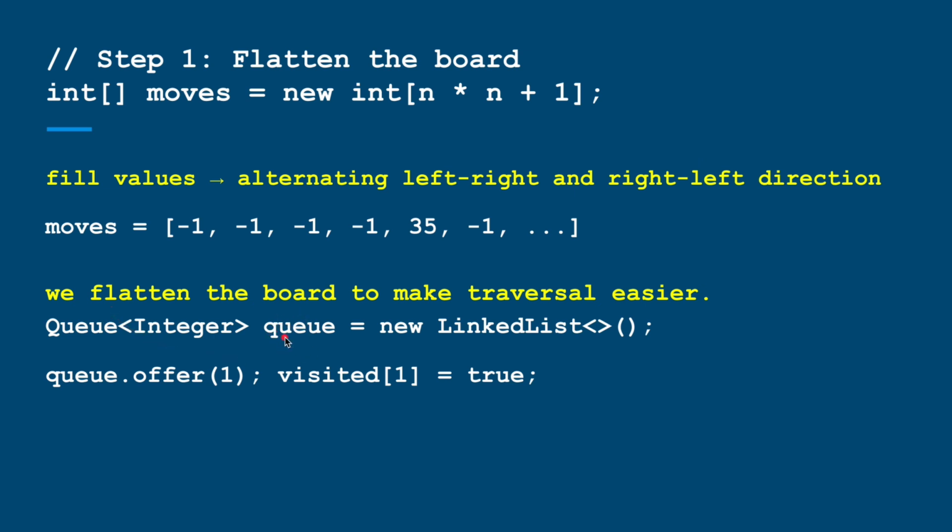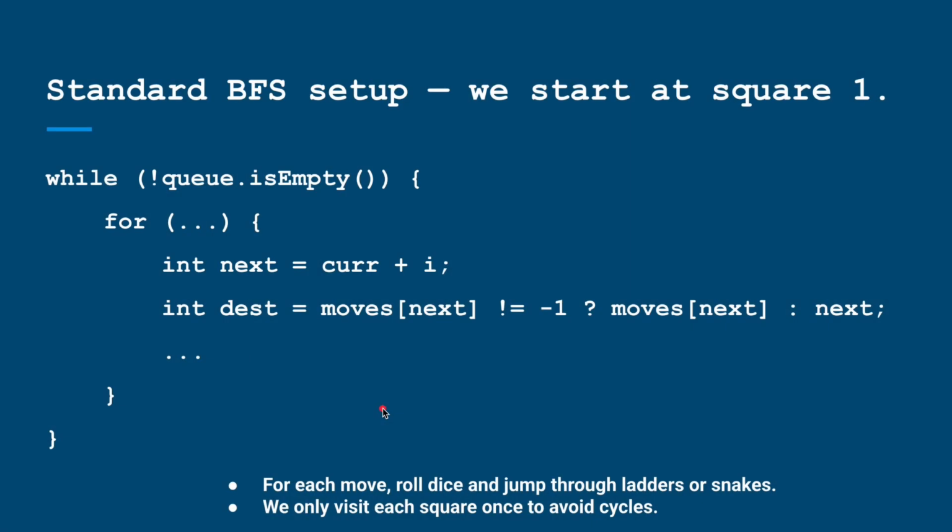So we take a queue, provide the first node, and mark it as visited. Since we added the first one to the queue, visited at 1 is already true, and then we'll move to the next one. Like that, we know how to traverse in BFS. We do the BFS setup, starting from square 1, and make a while loop: while the queue is not empty, we come to the for loop.